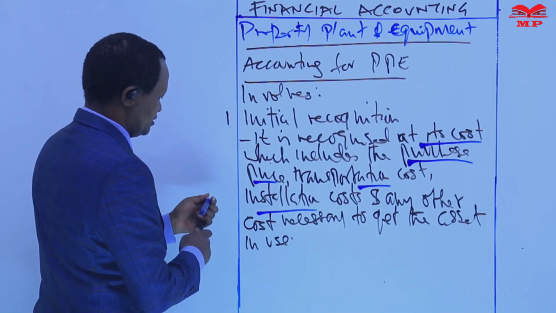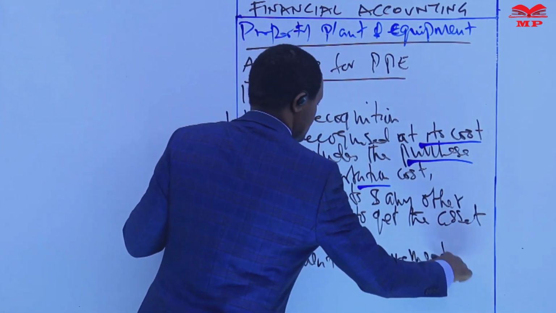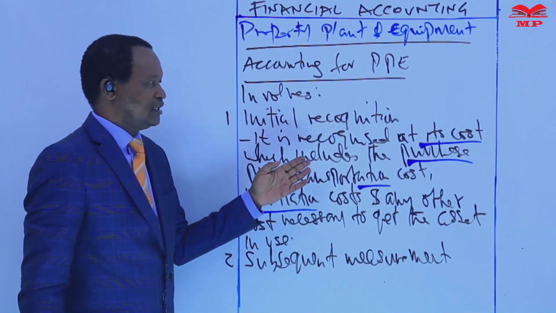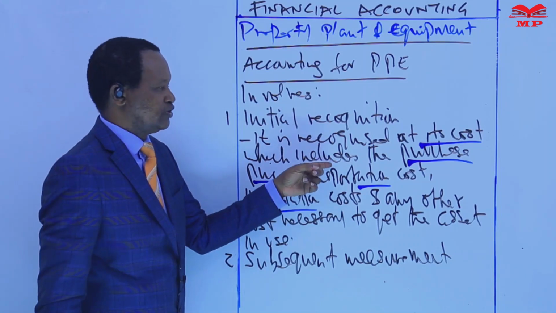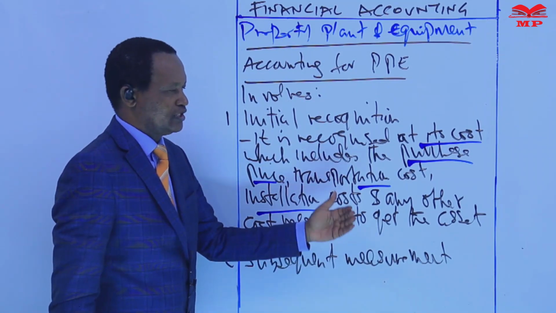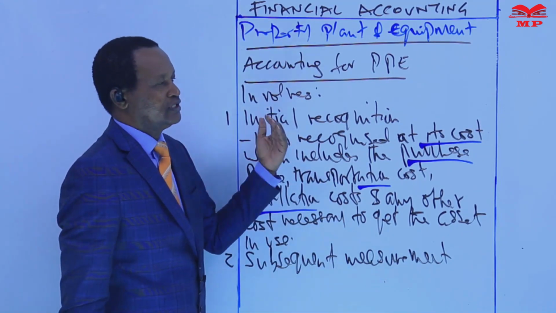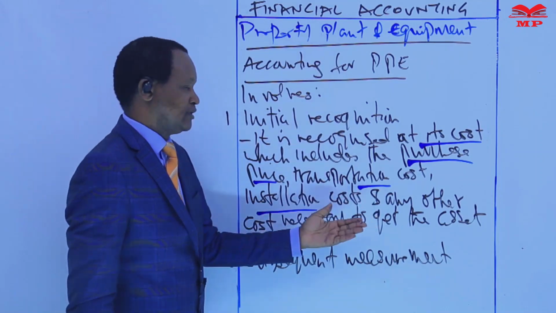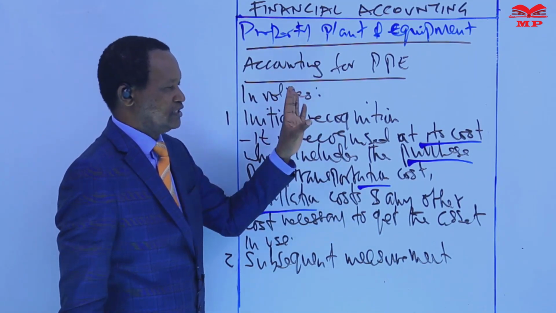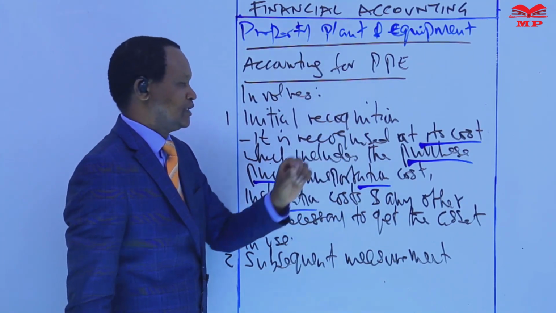Subsequent measurement means after this asset has been initially recognized in the books at the cost. For example, assuming the accounting period begins on January 1st, then ends on 31st December, the asset is bought on January 1st, and it is accounted for that way in the books of the company.